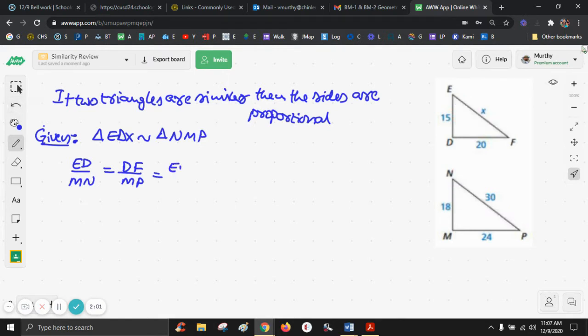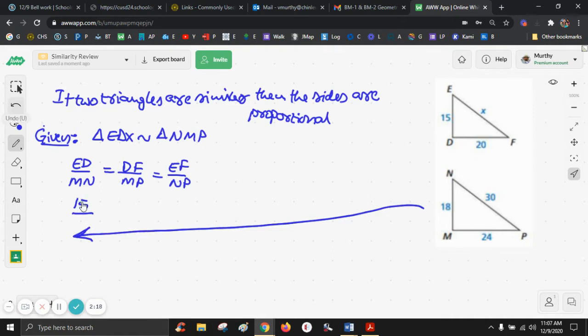Now let's plug in the values. I'm taking ED here. ED is 15 over MN. You see that that is 18 units.